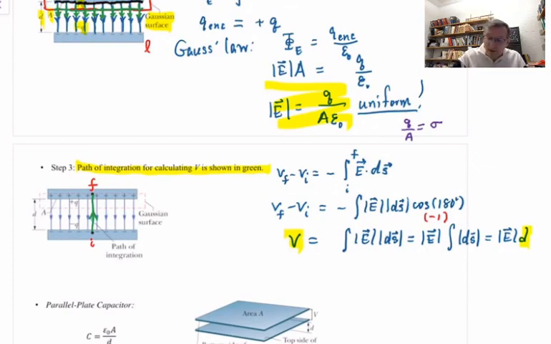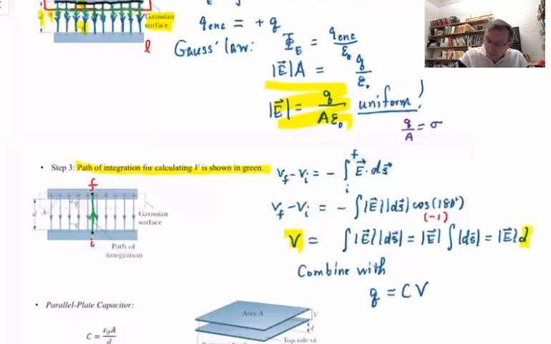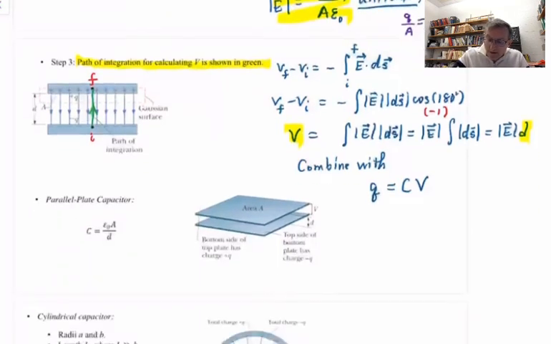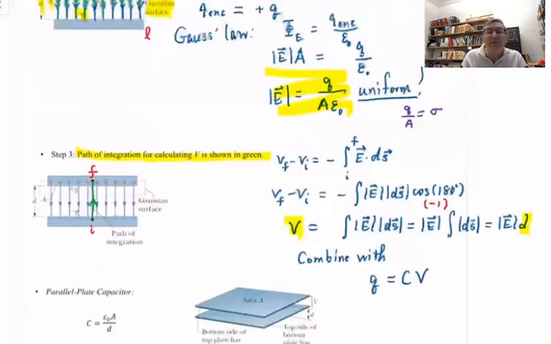Okay? All right, now we're going to combine that expression with the defining formula for capacitance, which is Q equals CV. That's the defining formula for capacitance. For the Q, I'm going to go up to the E formula. Let me bring it back into view. See it up there for the electric field? Q equals E times A times epsilon 0.